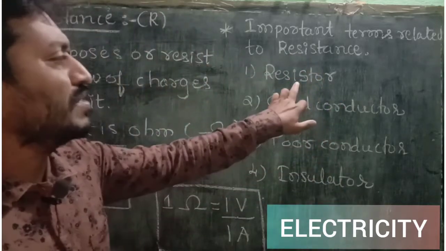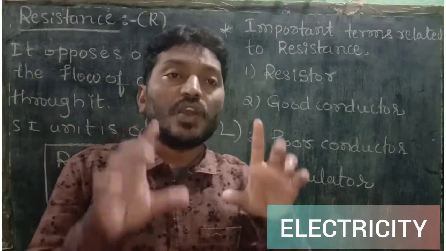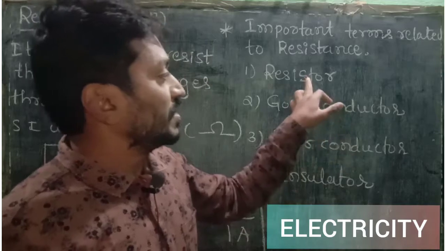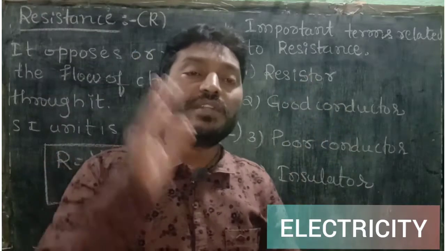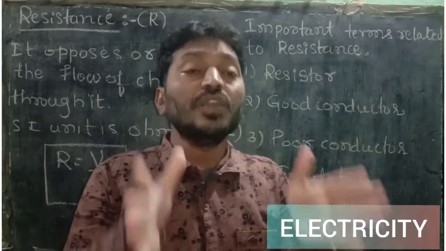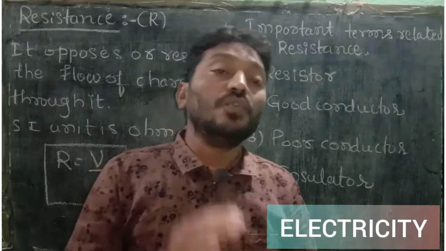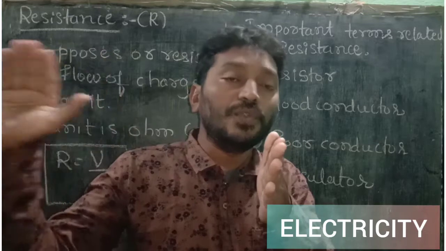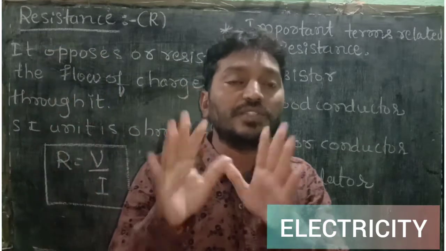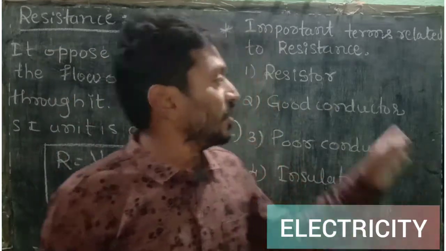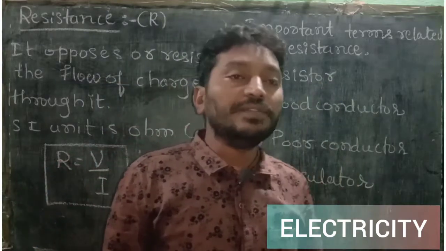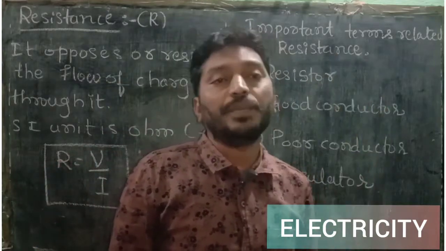What is a resistor? A resistor is a component of a circuit which opposes or resists the flow of electricity, or flow of charge or electrons, through the circuit. It is a very useful component in our daily life, especially in electronic appliances.